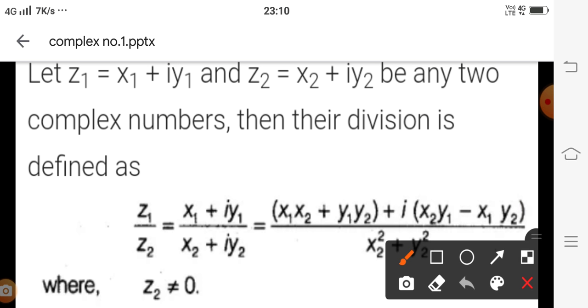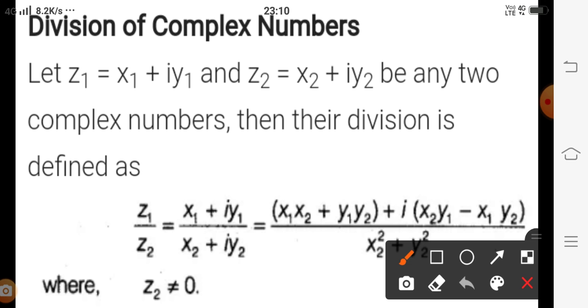Now here we have the division. If you remember the class 9th concept of rationalization, if you get irrational values in the square root, and the irrational value is in the denominator, then you rationalize that value.